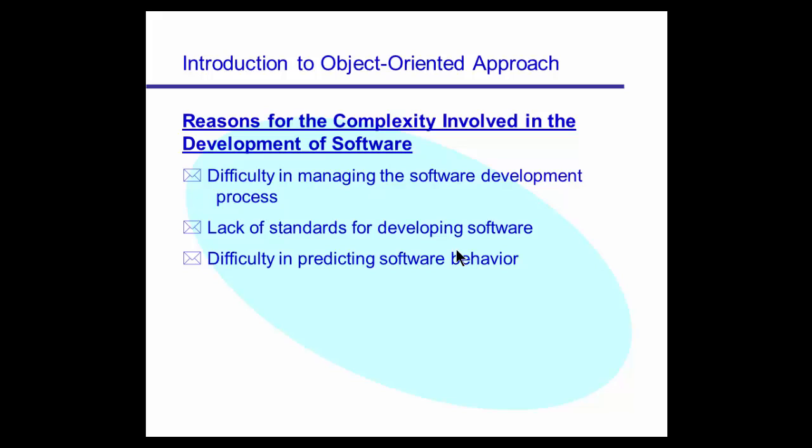Next we have the difficulty in predicting the software behavior. This difficulty leads to some sort of complexity in the software we develop. Difficulty in predicting the software behavior means predicting how your software is going to work on a particular platform, hardware or device. We cannot predict in all situations. A user might use your software on a low-end system, while you might develop the software using a programming language like C++, Java or .NET on a high-end system.